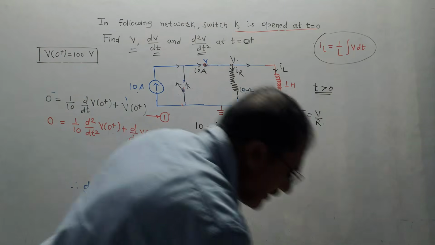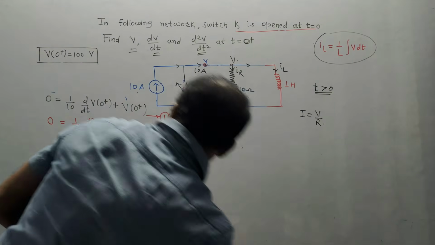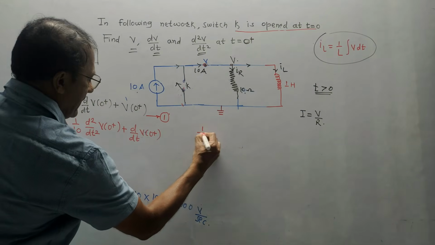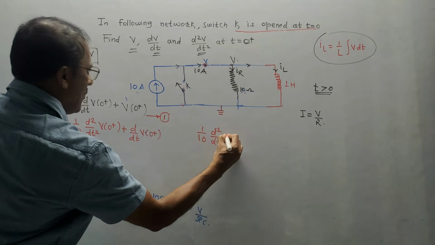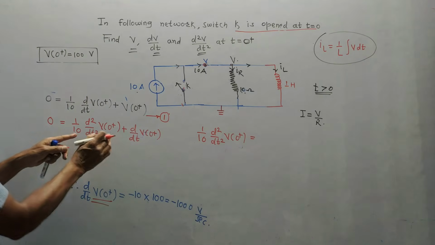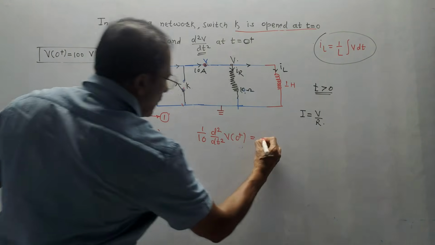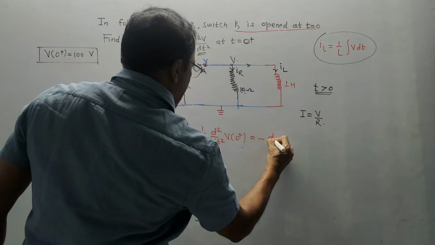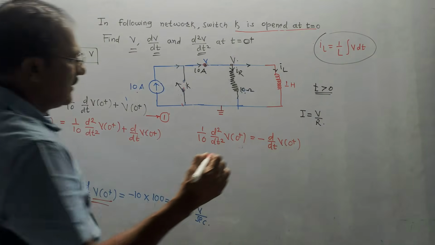This equation can be simplified as 1 by 10 d square by dt square of v of 0 plus is equal to, I will transfer this term to the LHS, so it becomes negative, minus d by dt of v of 0 plus.